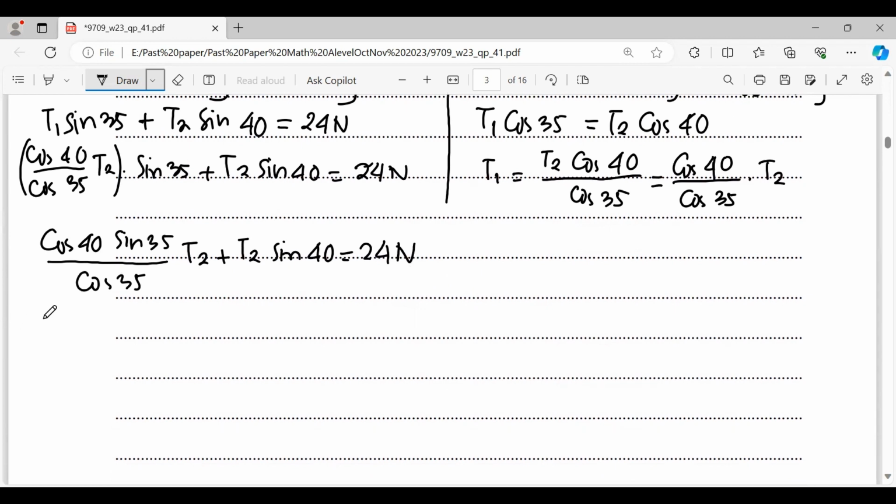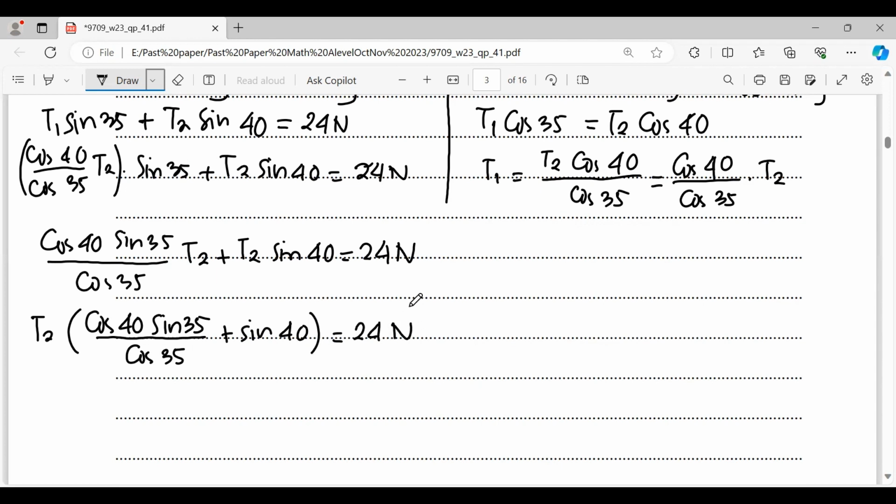And factorize. T2 times cosine 40 sine 35 over cosine 35 plus sine 40 equals 24 newtons.